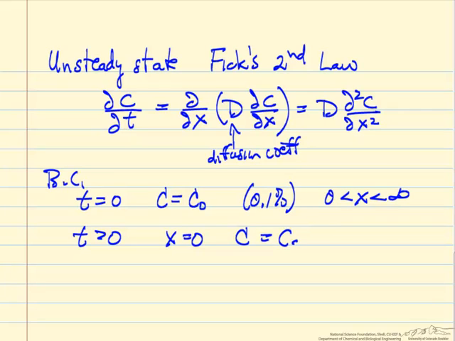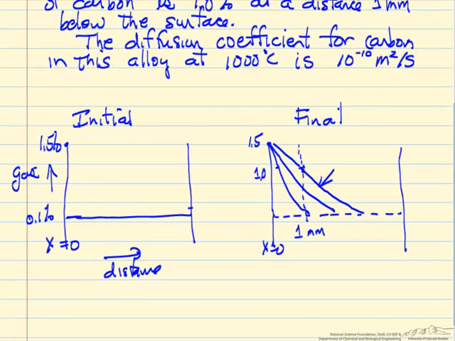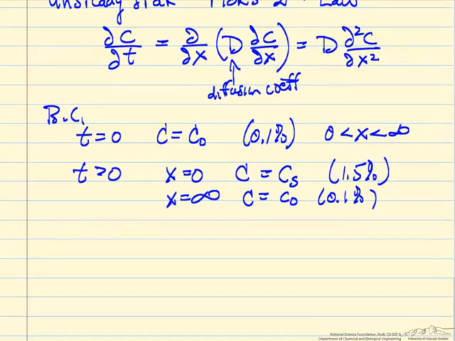Call that the surface concentration, and for our problem, it's 1.5%. And then at x equals infinity, in other words, far enough away, we assume we haven't changed the concentration. It's still that 0.1%. So we're assuming the slab is thick enough that we haven't diffused carbon all the way to the other end. Otherwise, these equations would not apply.